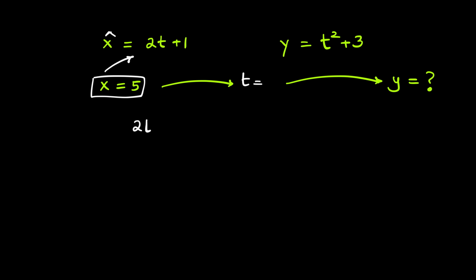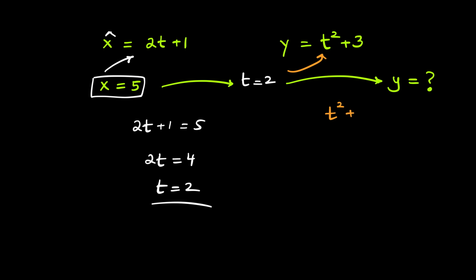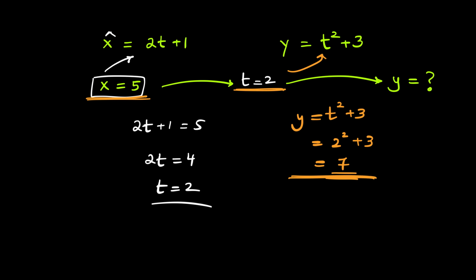So 2t plus 1 equals 5, 2t equals 4, t comes out to be 2. Once we find t, we plug it into the other parametric equation. So t squared plus 3 equals y, therefore 2 squared plus 3 equals 7. So an x coordinate of 5 gives a parameter value of 2, and hence a y coordinate of 7. Therefore, the coordinate is 5, 7.